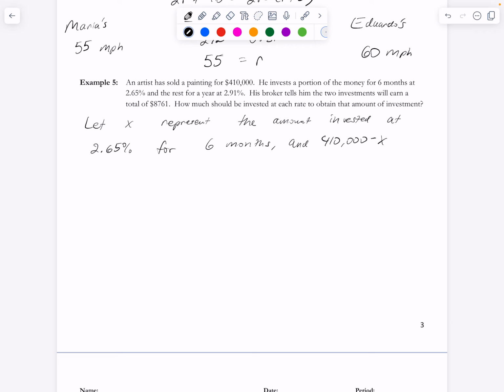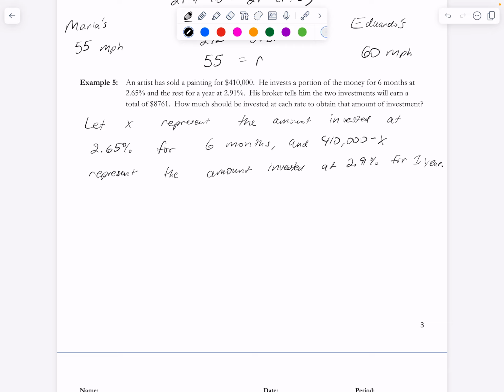That represents the amount invested at 2.91%, and that we said in the problem was for 1 year. Okay? All right. So now we need to calculate the interest earned on each.